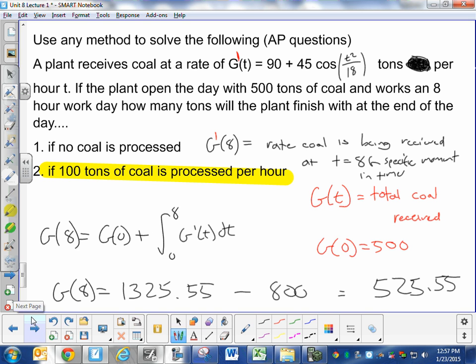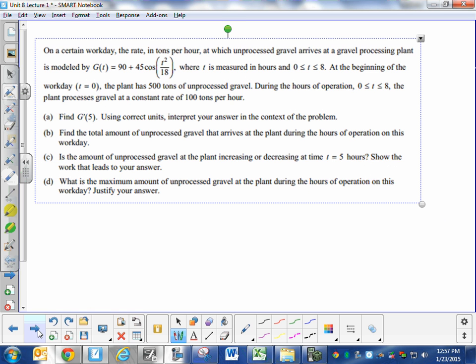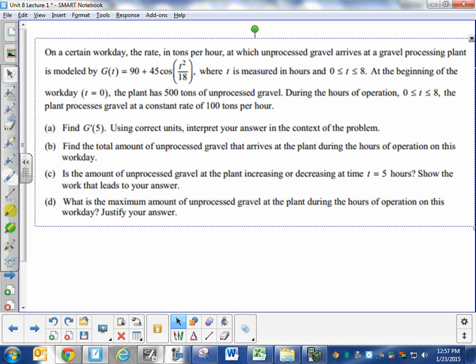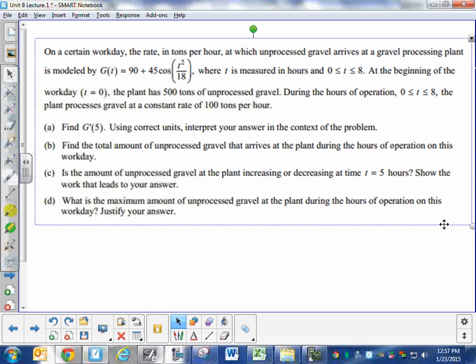Let's read the entire question on the 2003 AP Calculus exam. On a certain workday, the rate in tons per hour at which unprocessed gravel arrives at a gravel processing plant is modeled by that. This is gravel, not coal. Where t is measured in hours, and we're looking from 0 to 8.